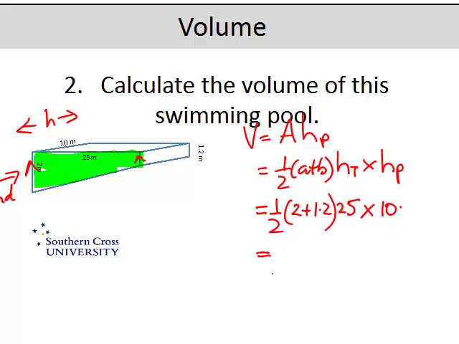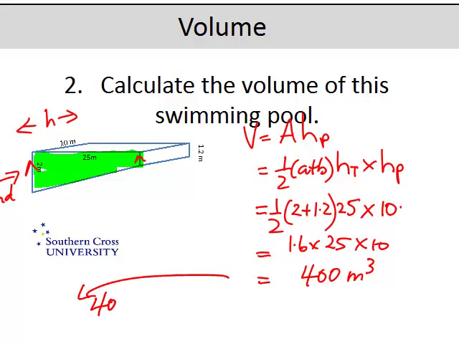Now, multiplying that out, this turns out to be 1.6 times 25 times 10, and that turns out to be 400 cubic metres, because all the measurements were in metres. Now, 400 cubic metres is just a number, but when you think of the quantity of water, the capacity of water that it would take to fill this, I'll have to write that up here.